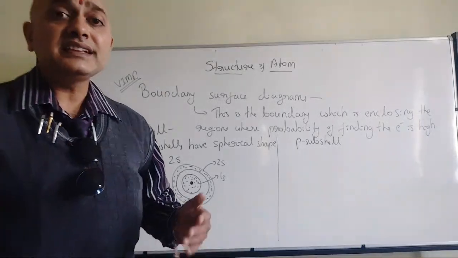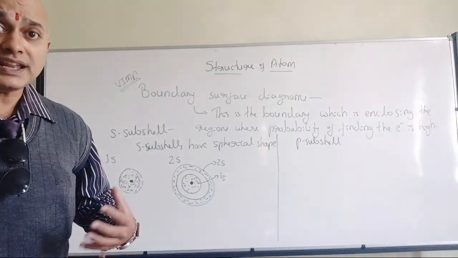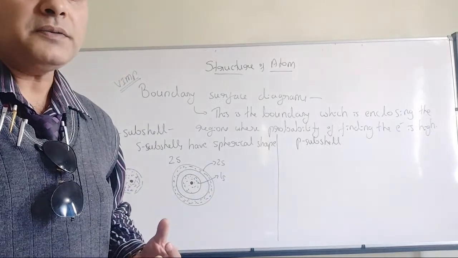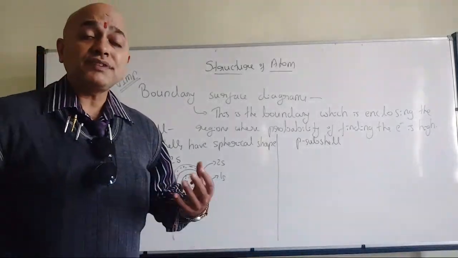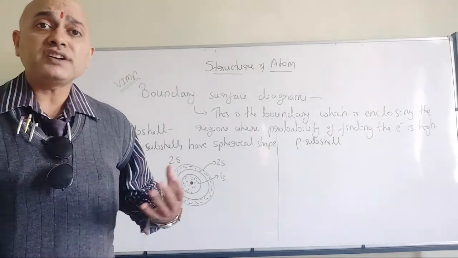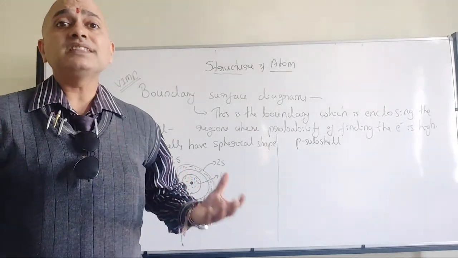In reality, these subshells are not there, it's our imagination. Based on the energy of the electron and the region where electrons are found, we have different shapes and we have given them names.